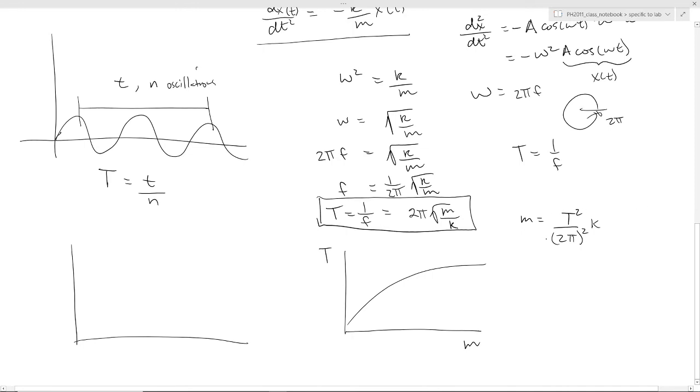This becomes stuff times T squared. So what you can do is create a plot where you plot m as a function of T squared. And in that situation, the slope of this plot is k over 4 pi squared.